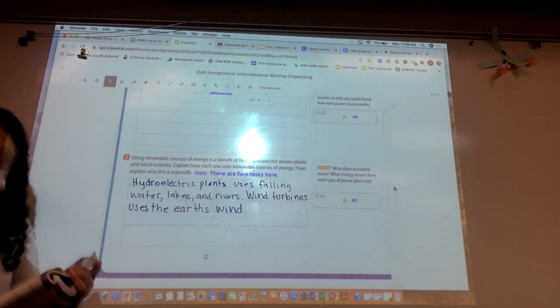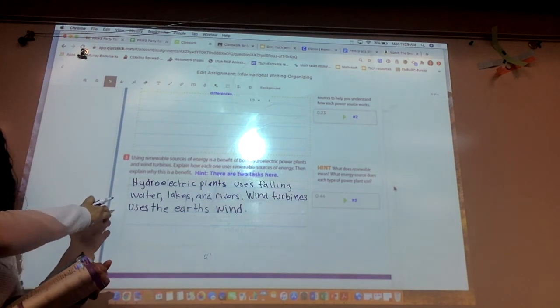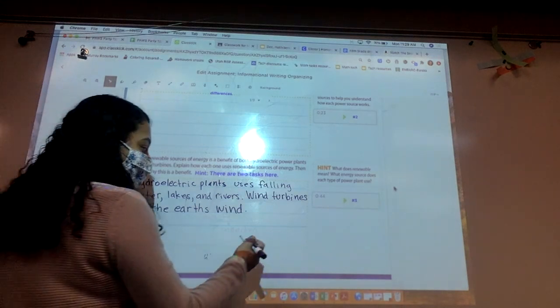Do we have to do 4 and 5? Okay, so what's the same thing about both of these that's a benefit? They're renewable. Good. It doesn't waste like coal and stuff. Yeah. So they'll never be used up, right? Yeah. Like we can keep reusing the same thing. Good.